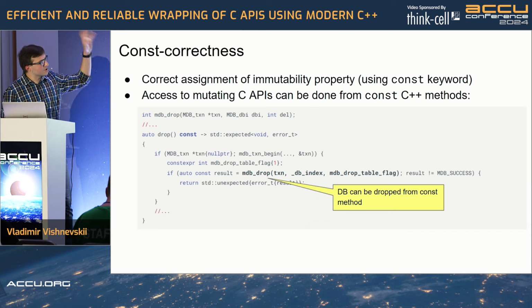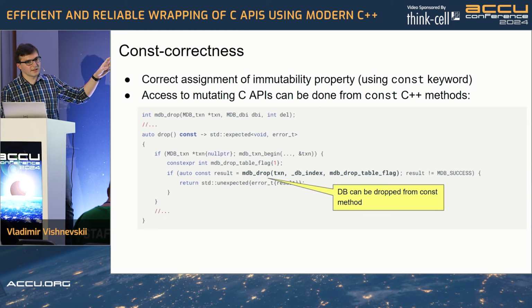Because quite often we just pass the parameters by value, so they are copied. That means that the const qualification of the members of the class plays no role here. That means that it is important that the library developers, those who are developing the wrapper, take care of this, and carefully assign this const property.